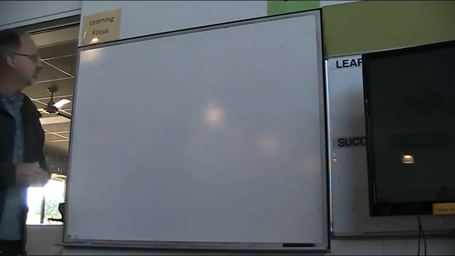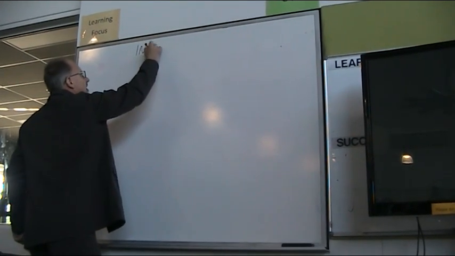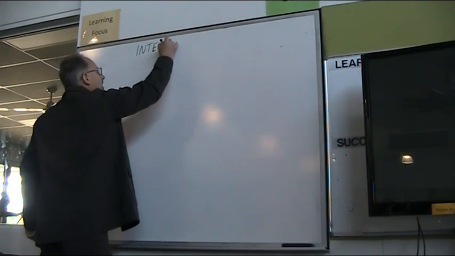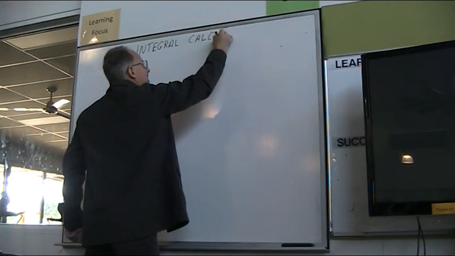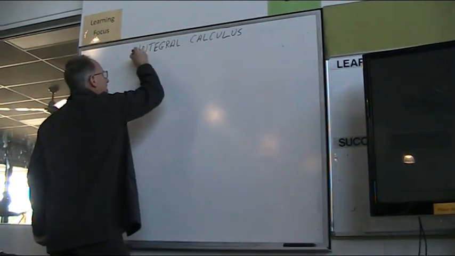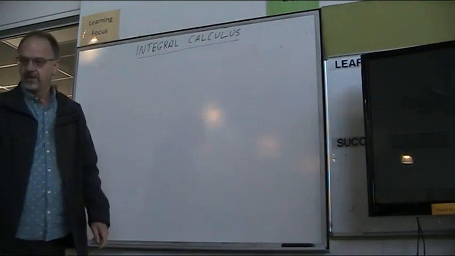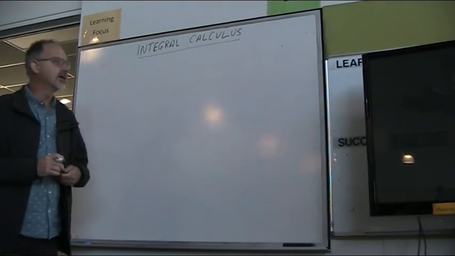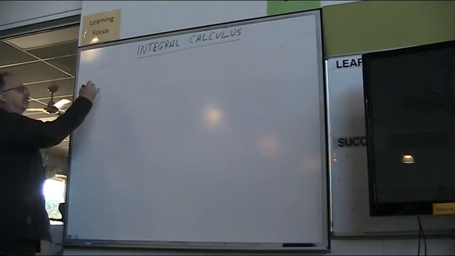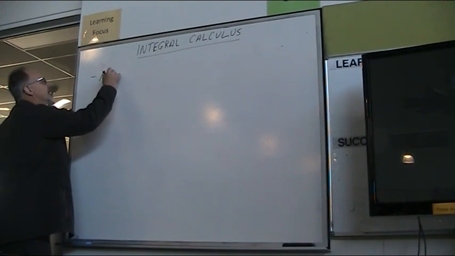Alright, so integral calculus is what we're looking at. So essentially it's the opposite of what we've done, plus a little bit more, but essentially the basis of it is what we would call anti-differentiation.